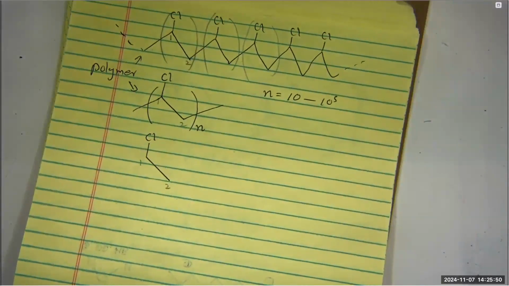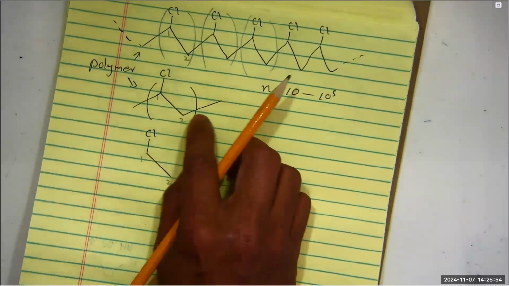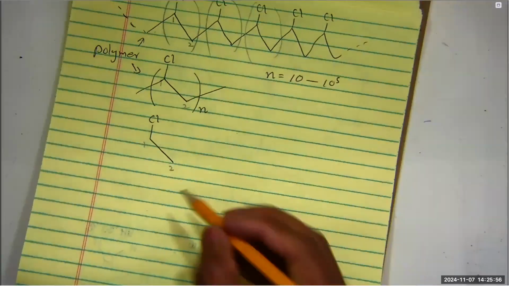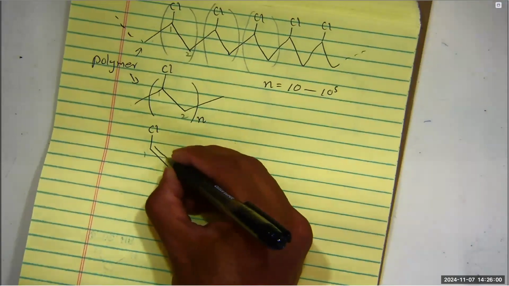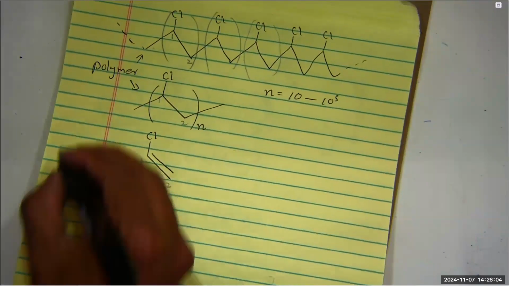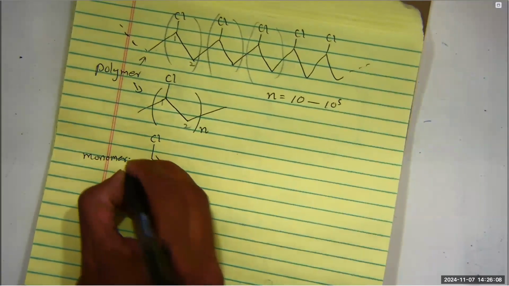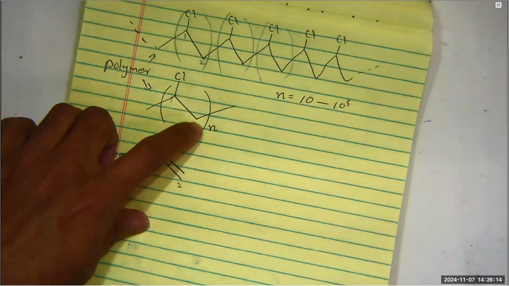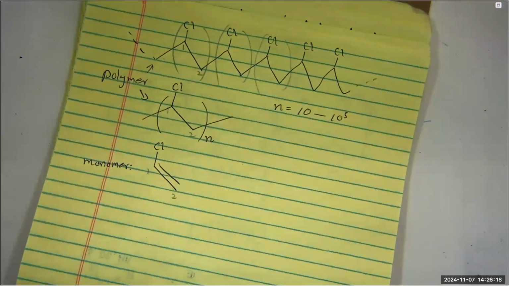Instead of drawing parentheses and then drawing these two bonds coming out, you are going to draw an extra bond between carbon 1 and 2. That's it, done. This is your monomer. So your monomer always has an extra bond between carbon 1 and 2, instead of two bonds coming out to make bonds with the adjacent repeat units.